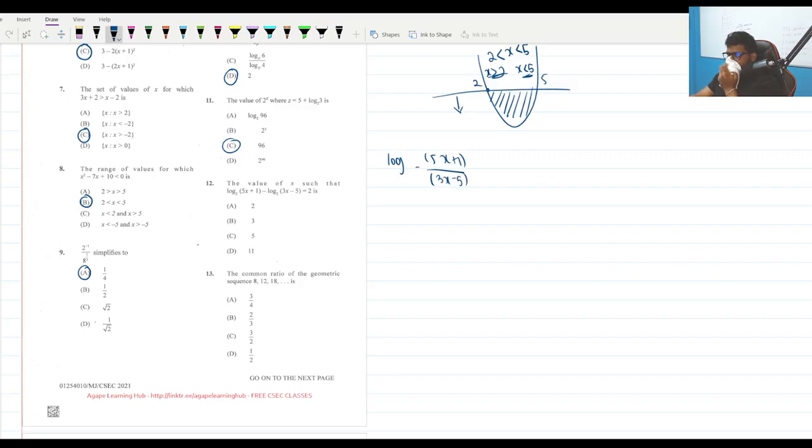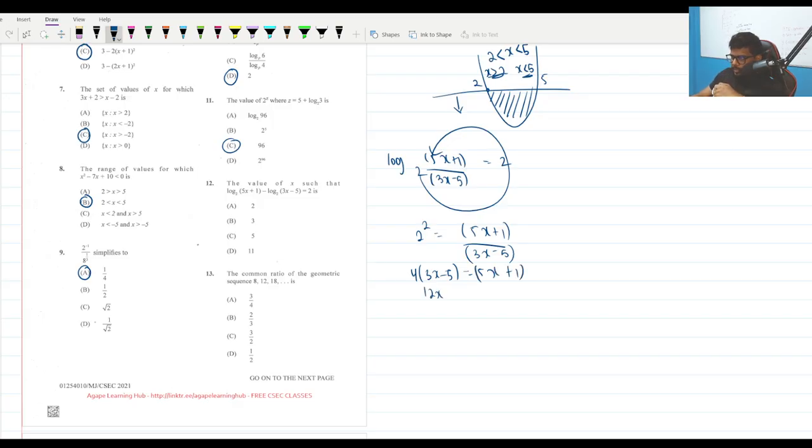The base 2 is equal to 2, and I can perform my log to indices. 2 to the power 2 is 5x plus 1 over 3x minus 5. 4 into 3x minus 5 is 5x plus 1. 12x minus 20 is 5x plus 1. 12 minus 5 is 7, 7x is 21, and x is 3.